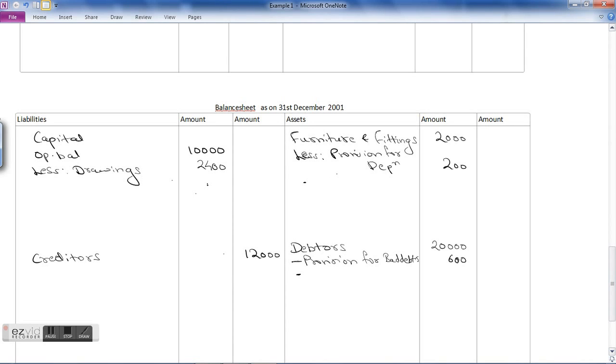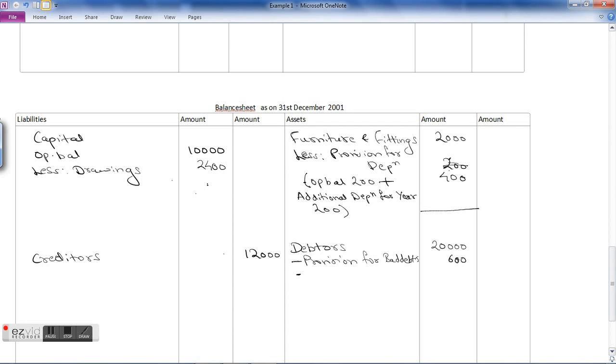So I'll put it here as opening balance 200 plus addition, depreciation for the year 200. So total provision for depreciation that will come here is 400 and not 200. This 200 will get cancelled and it will be 400. So instead of reducing 200, you have to reduce 400 now.